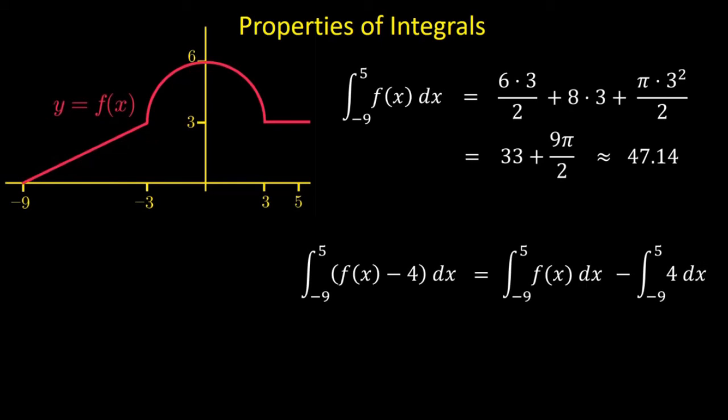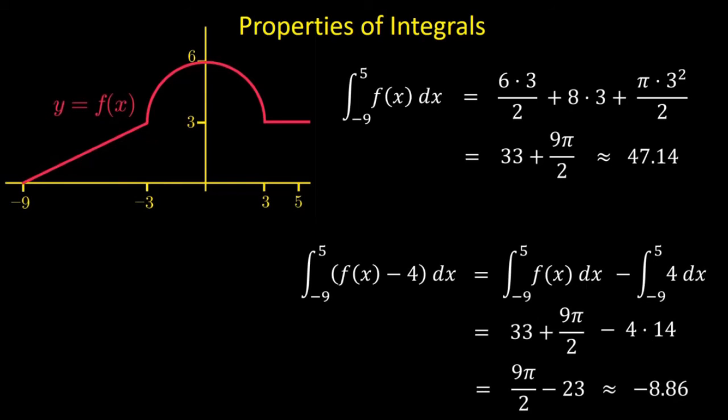This is the integral of f minus the integral of 4. The first integral we just worked out. And the second one is the integral of a constant. That's something just from a minute ago. And you simplify this. 9 pi over 2 minus 23 comes out around minus 8.86.